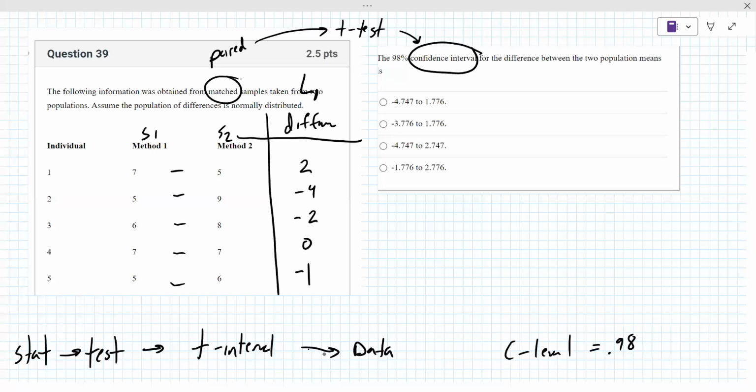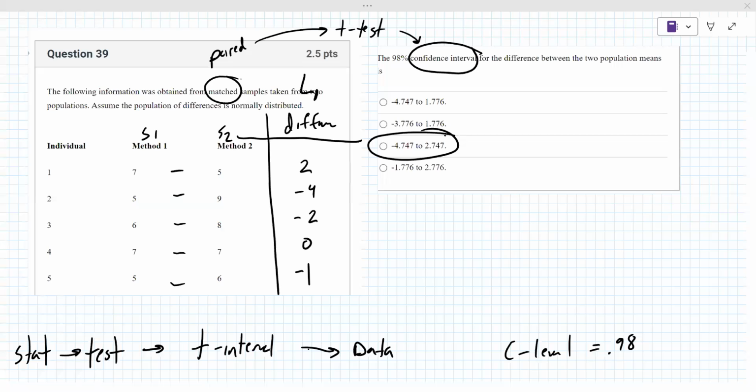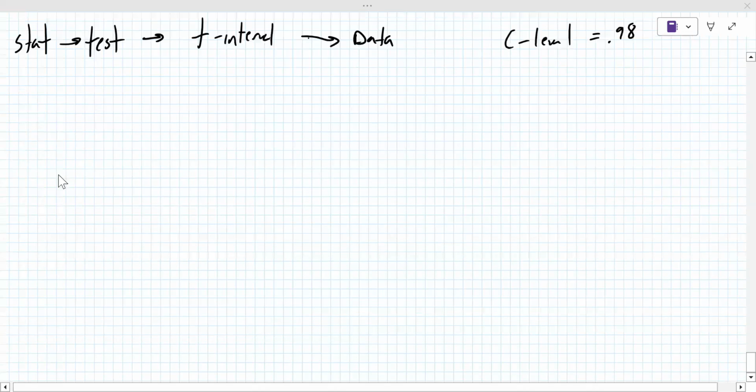Good. Let me see. I got the answer. Okay, it's the first option. Oh, wait, no. The third option. Yeah, make sure they're both there. Okay, yeah, I got the third option.